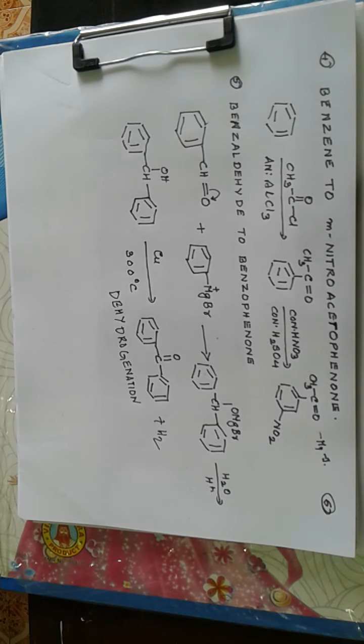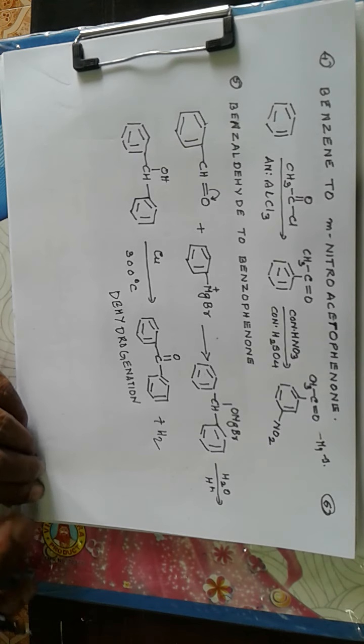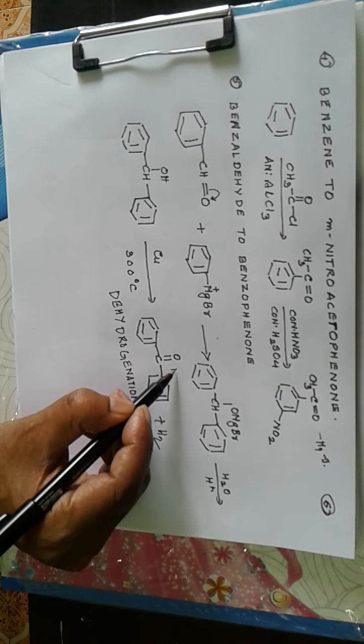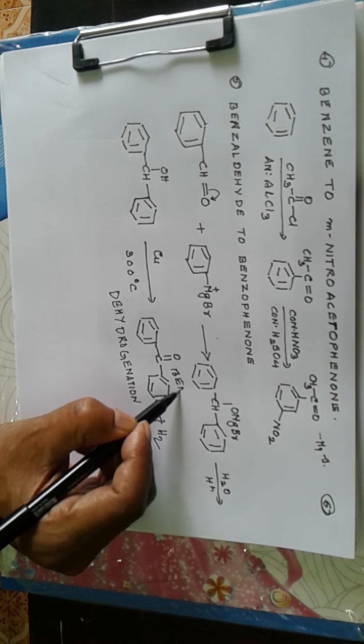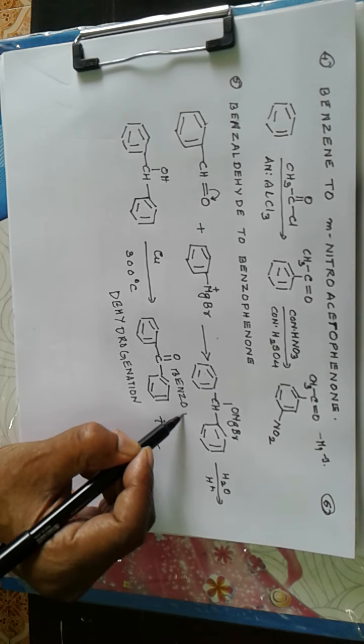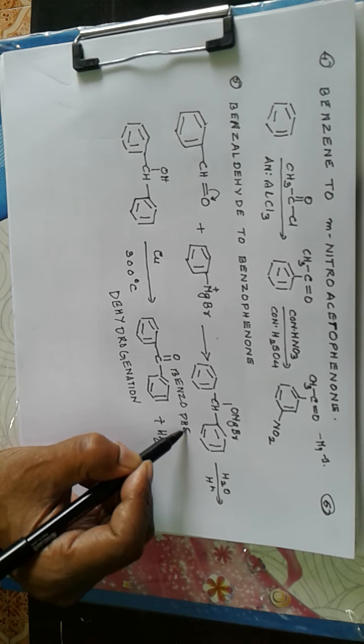So removal of hydrogen, copper at 300 degrees Celsius, we get benzophenone.